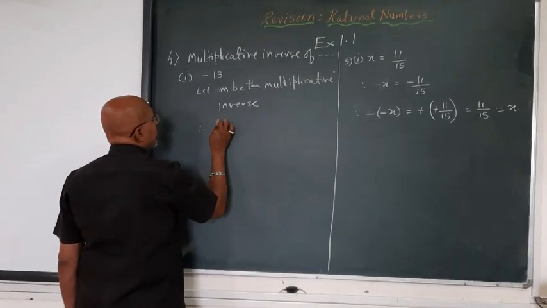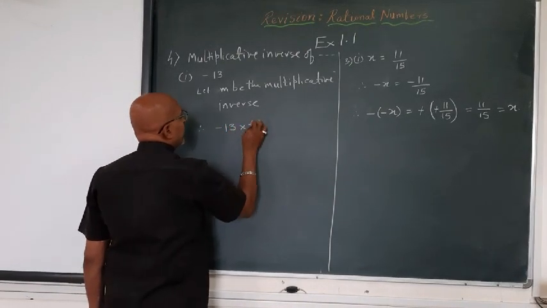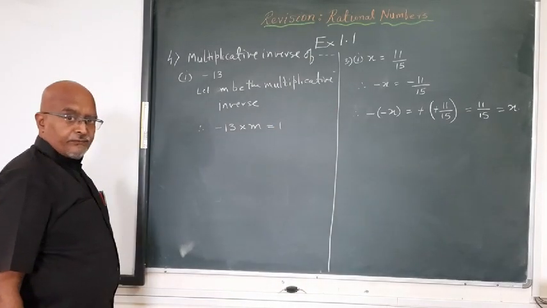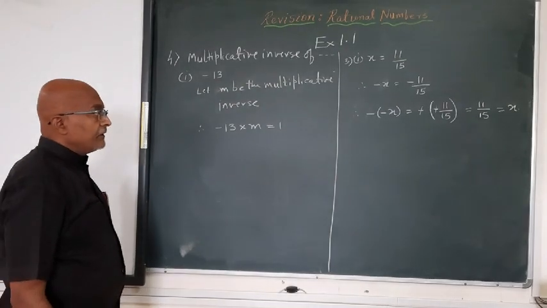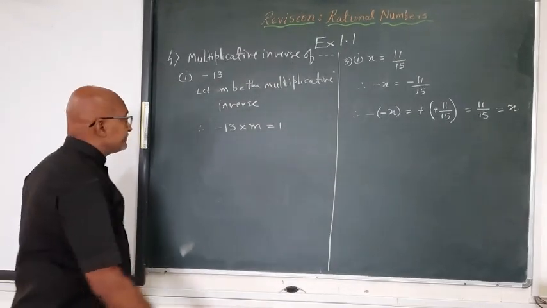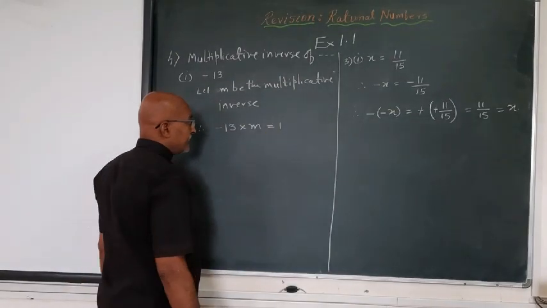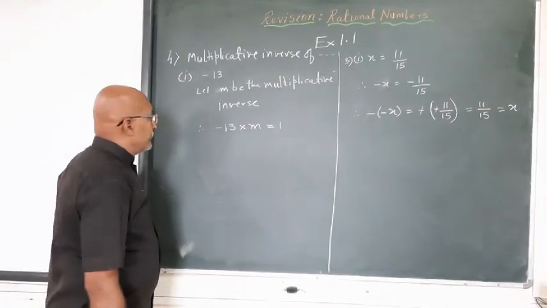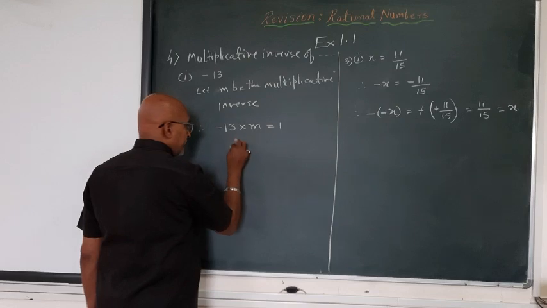Therefore, minus 13 multiplied by m should be equal to 1, because multiplicative inverse always comes 1. So we have to find the value of m here.